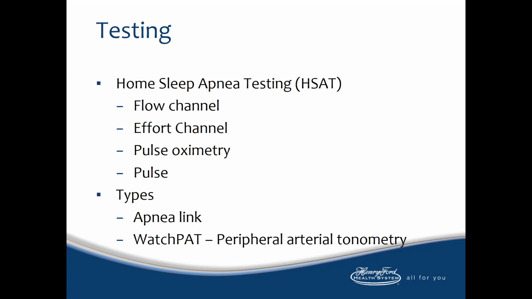So there are other parameters that you can look at as well. One of them is the pulse ox. The pulse ox will drop by 4%, and one with an arousal will be thought to be related to a respiratory event. There is no flow measure over here. There is an effort channel, which suggests there is flow associated with a drop in the respiratory signal.